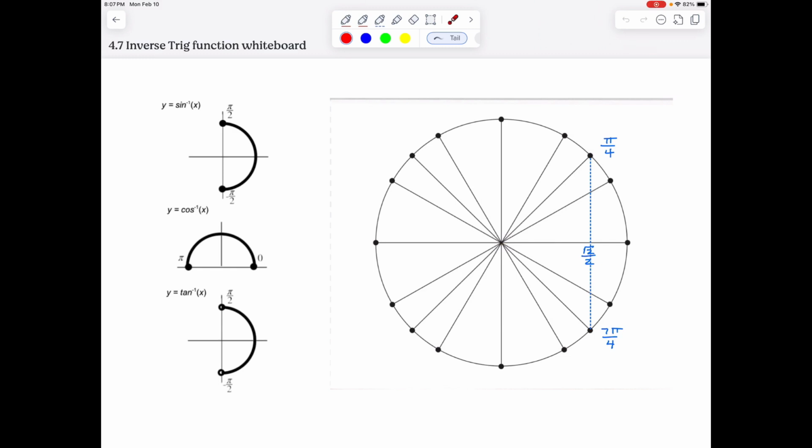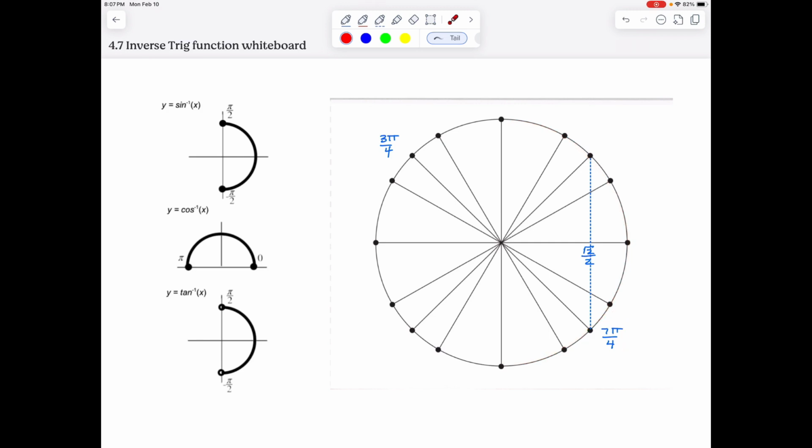And so that's going to give us the options of either 3 pi over 4 or 7 pi over 4. So given our restrictions here, which is negative pi over 2 to pi over 2, the only one that fits that bill is 7 pi over 4.